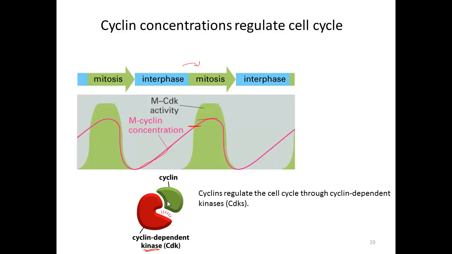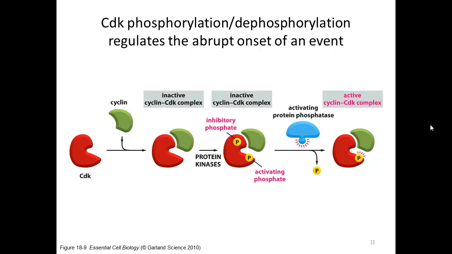So the cyclin is a regulator, and the cyclin-dependent kinase is the effector protein for stimulating this transition. Towards the end of the mitosis, the cyclin is degraded. That will drop the activity of the cyclin-dependent kinase, and then the process will start over again where the cyclin is being synthesized, and eventually it will reach the threshold level once again.